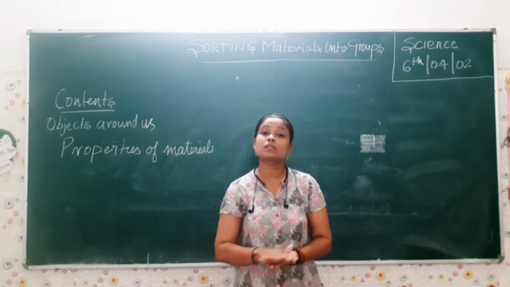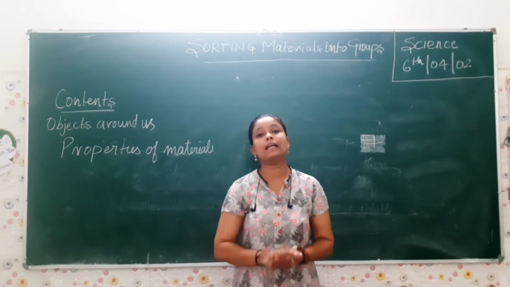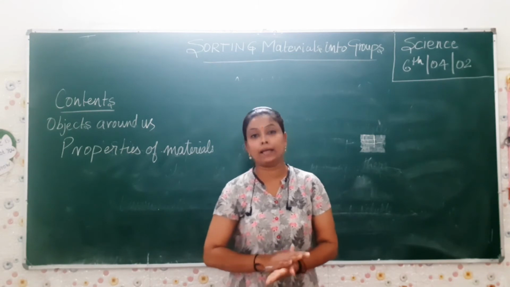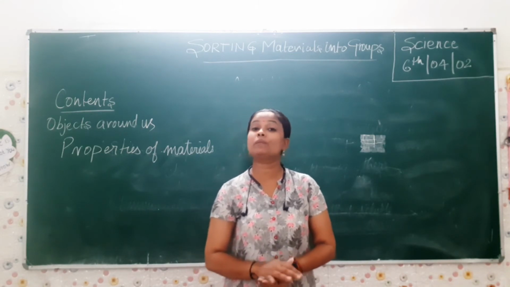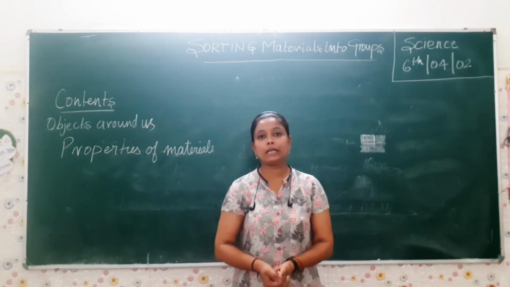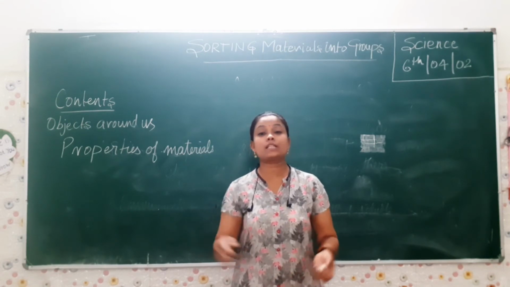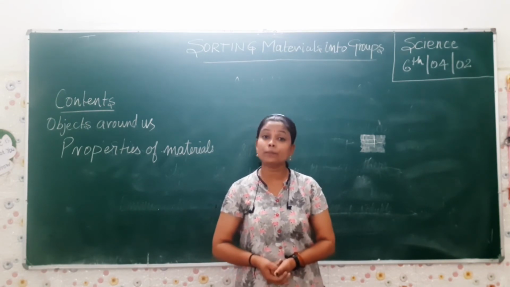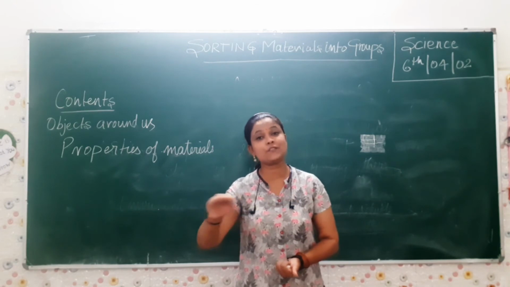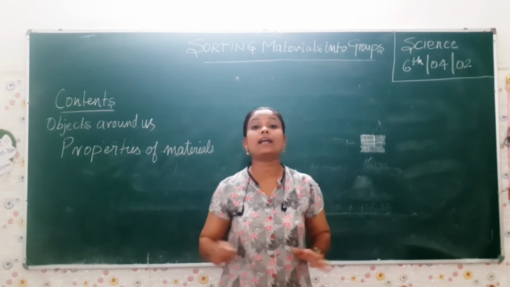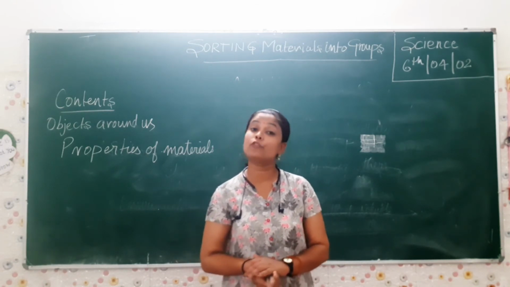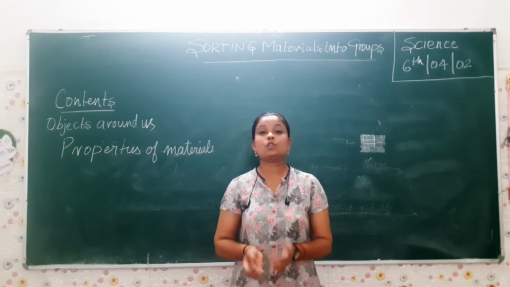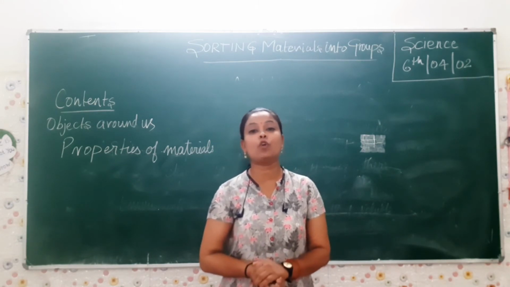Sink means to go inside the water. Doob jana. Okay? What do you mean by sink? Andar chale jana. Floating means, have you ever seen a boat in the water? It always floats. जो वो तैरता रहता है, तैरने को बोलते हैं बेटा float. Is that clear?